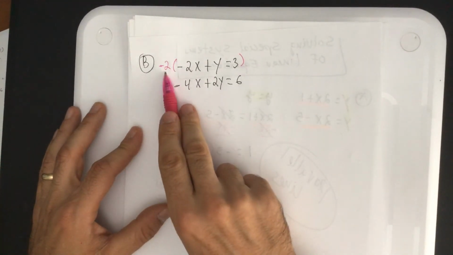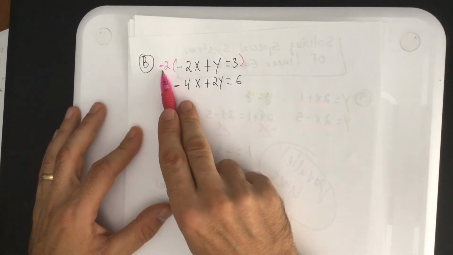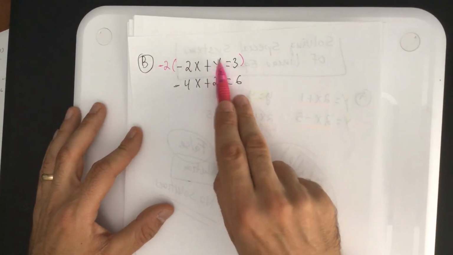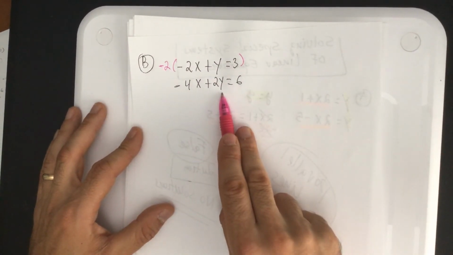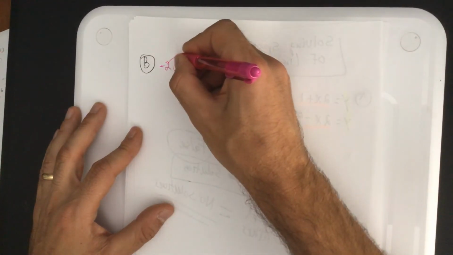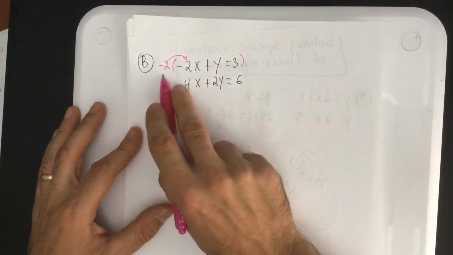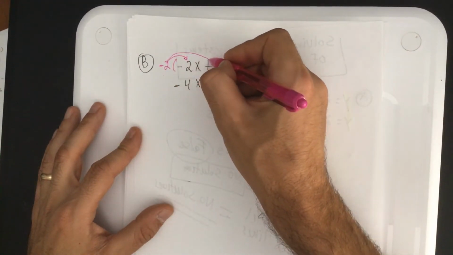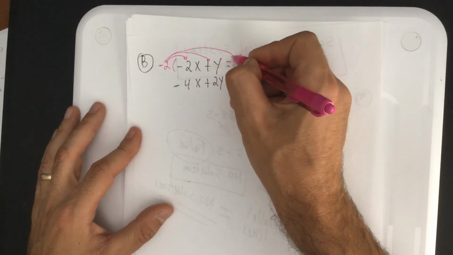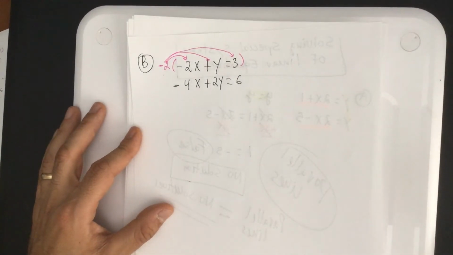Because if I multiply the top one by negative 2, when I multiply negative 2 times y, I get negative 2y, which is the opposite of 2y. So remember, if you multiply by a number here, you have to multiply all of the terms of the equation by that number so you can keep the balance, okay?